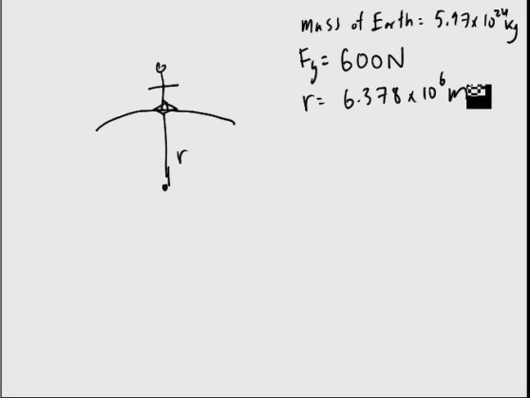Now if we bring back that equation that we had for mass, Fg times r squared over G m2 equals m1, we just gotta plug them all in.